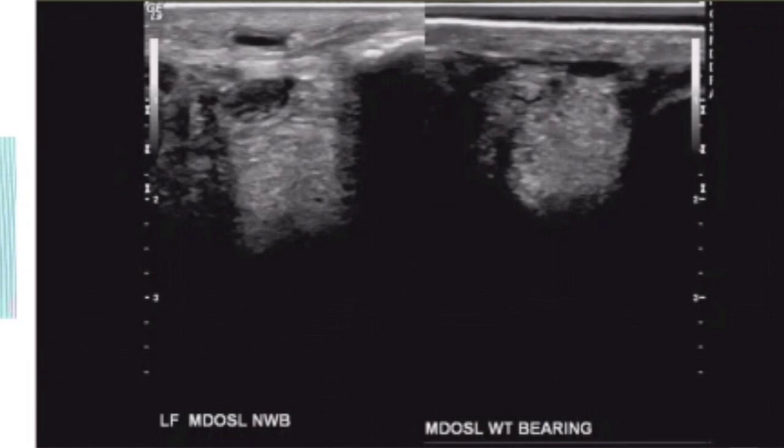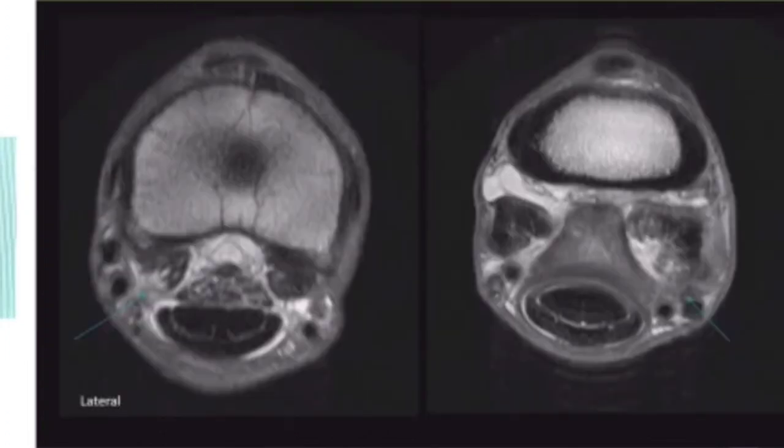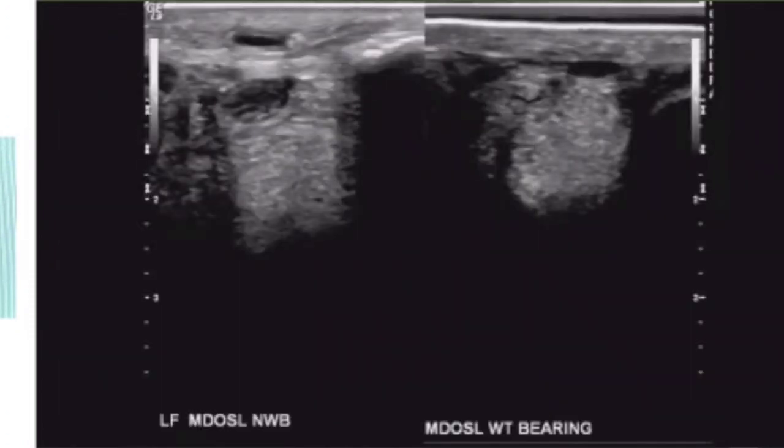But when you're non-weight bearing, in fact, that whole tear opens up much bigger. And if we go back and look at our MRI, we can see that this tear right here corresponds to this area right here.